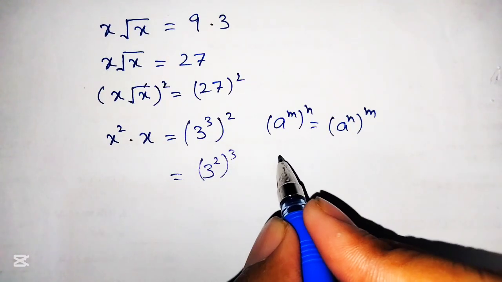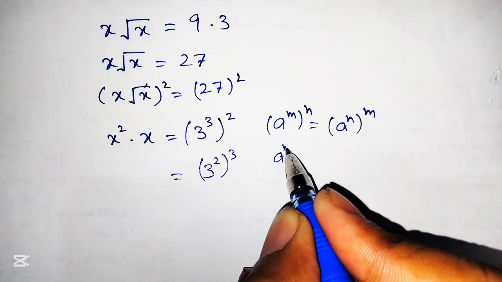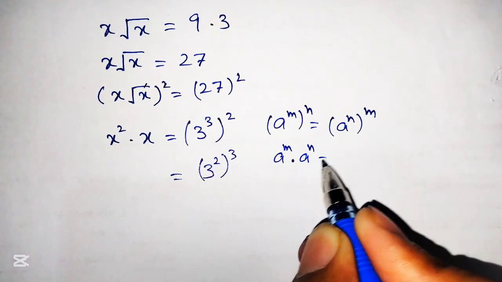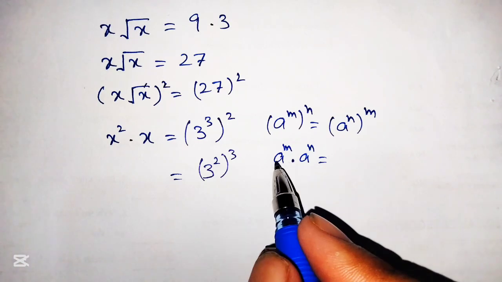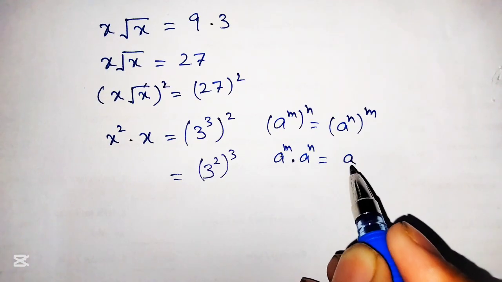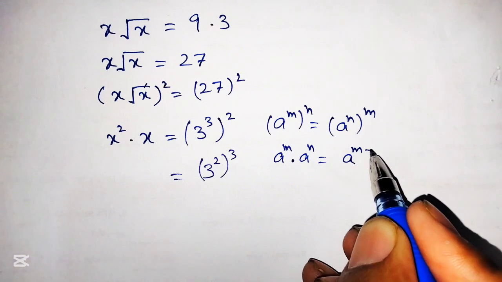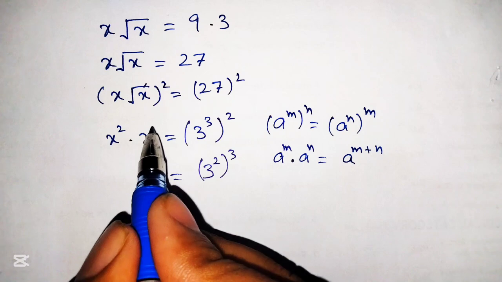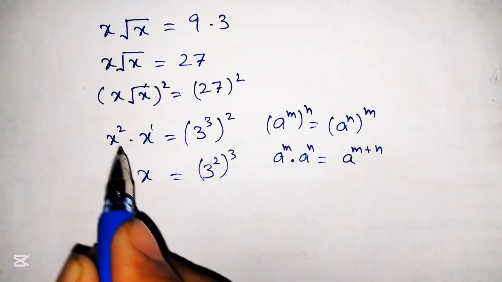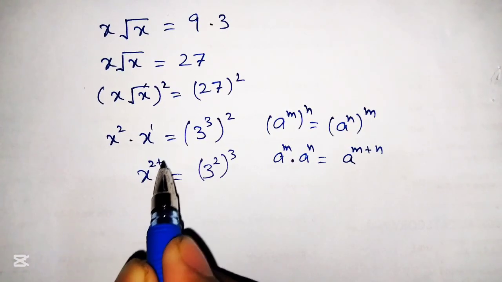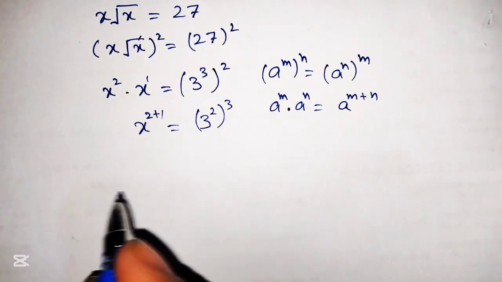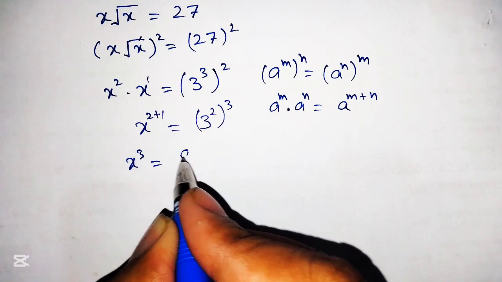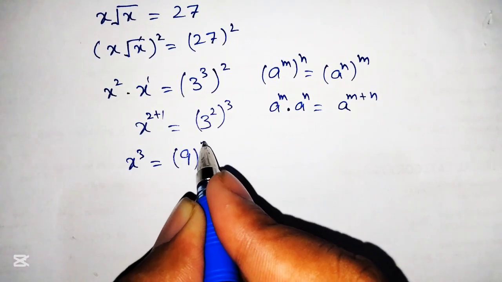Another basic formula is a raised to power m times a raised to power n: the bases are the same and two terms are multiplying, so we can write it with a single base by adding the powers, m plus n. According to this formula we can write this left hand term as x raised to power 2 plus 1, which will become 3. Now it is equal to x cube is equal to 3 raised to power 2, which is 9, whole raised to power 3.